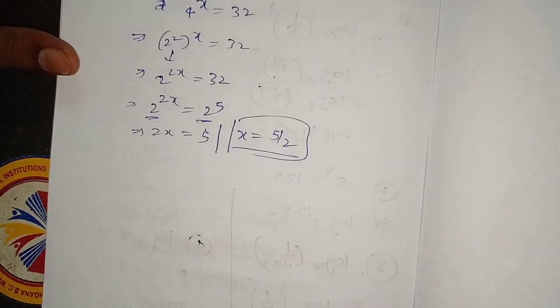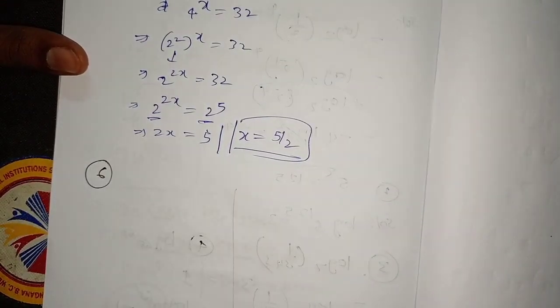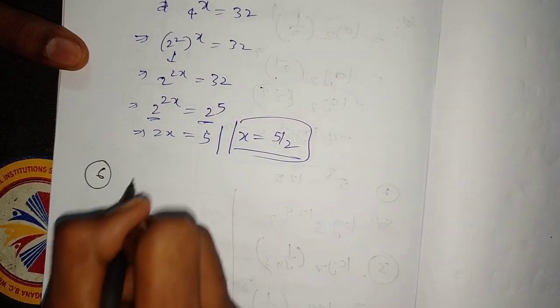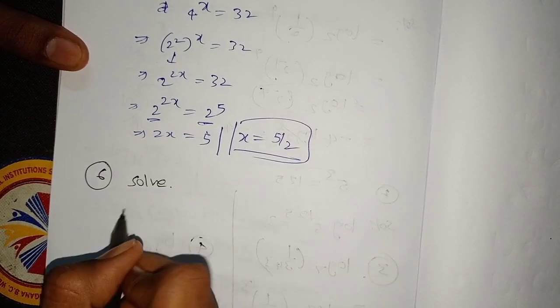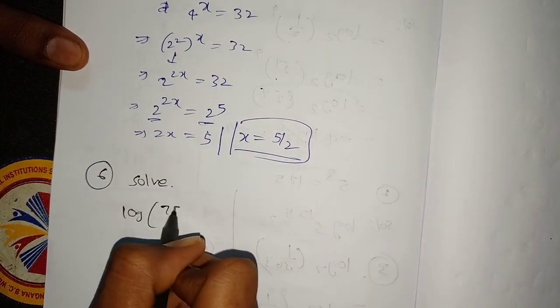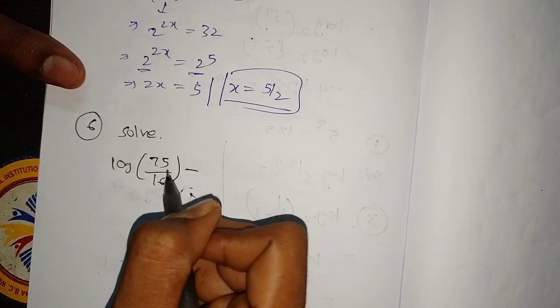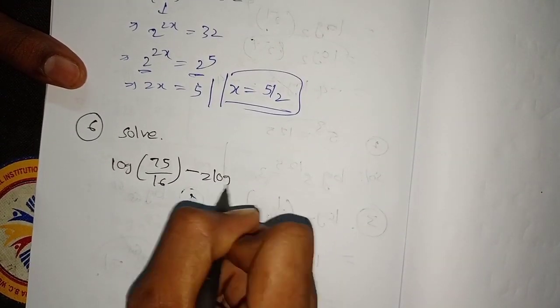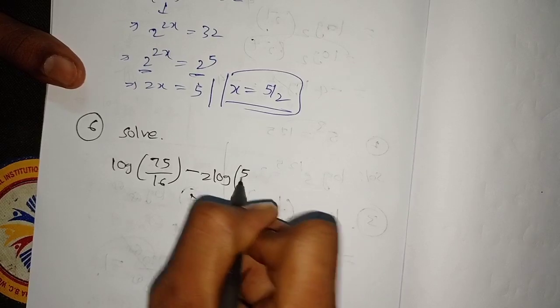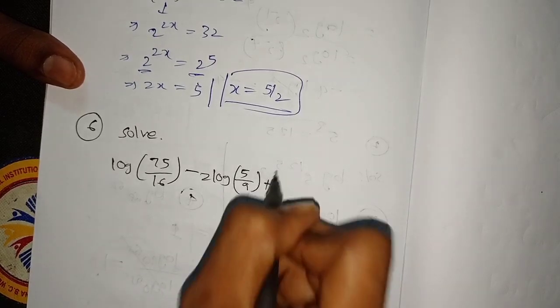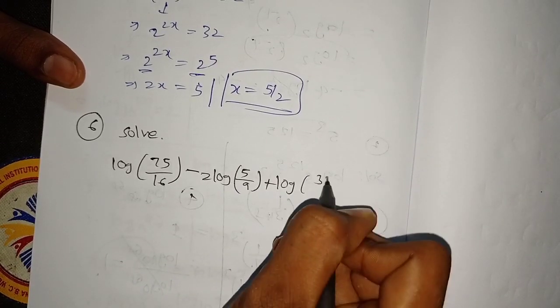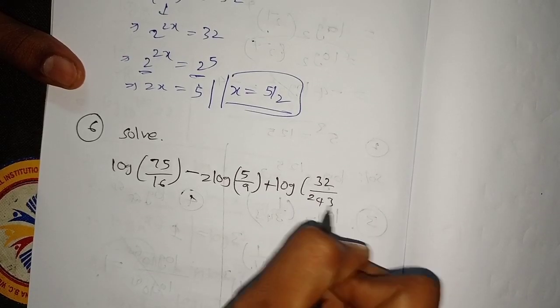Similarly, let's do another problem. Solve log 75 by 16 minus 2 log of 5 by 9 plus log of 32 by 243.